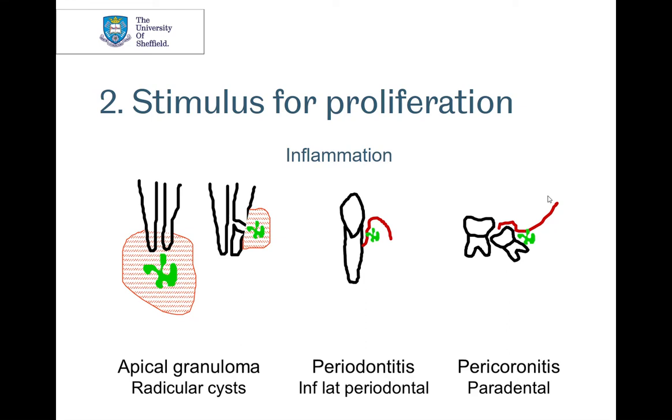And they will provoke it to start to grow and to divide. And so that's where you get your starting point of the epithelial lining for a cyst. If it is further up in the periodontal ligament and gingiva, sometimes you can get it similarly for an inflammatory lateral periodontal cyst. And it is true that the inflammation surrounding a partially erupted third molar tooth can be the stimulus for the development of a paradental cyst.